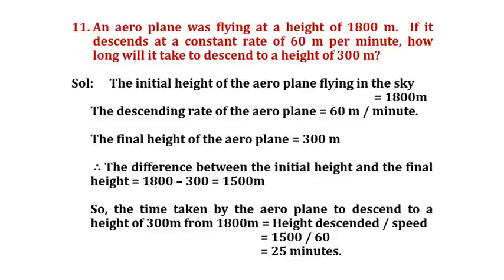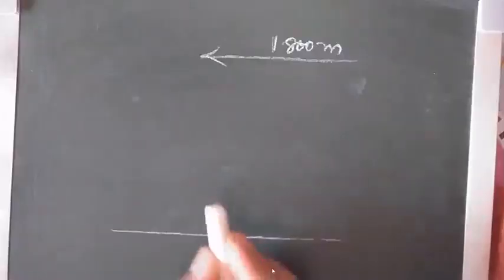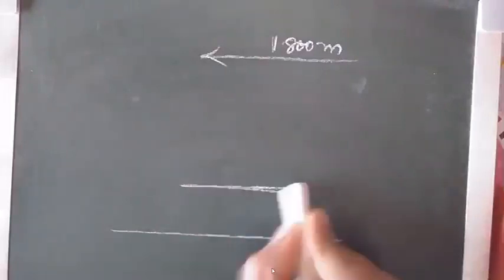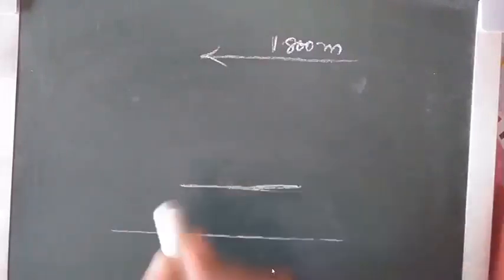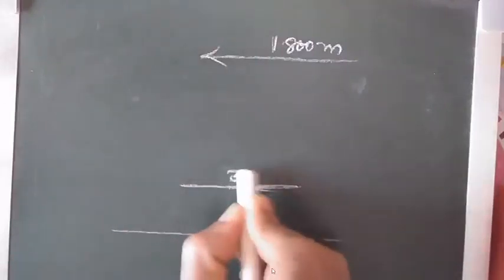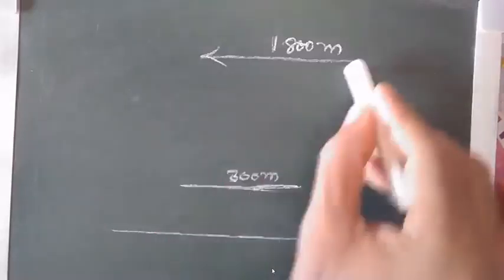If it descends at a constant rate of 60 meters per minute, how long will it take to descend to a height of 300 meters? Means from the horizon earth, this is the 300 meters height. It is descending like this.